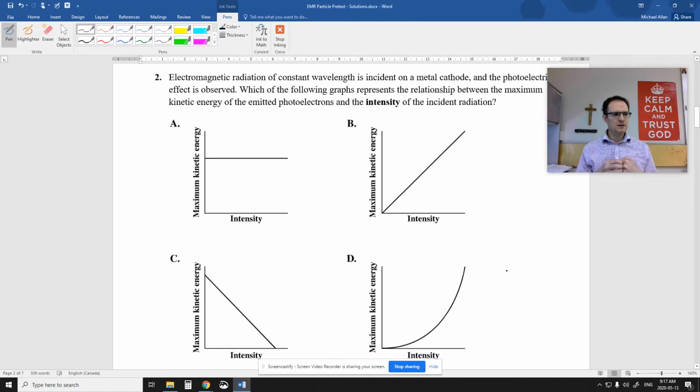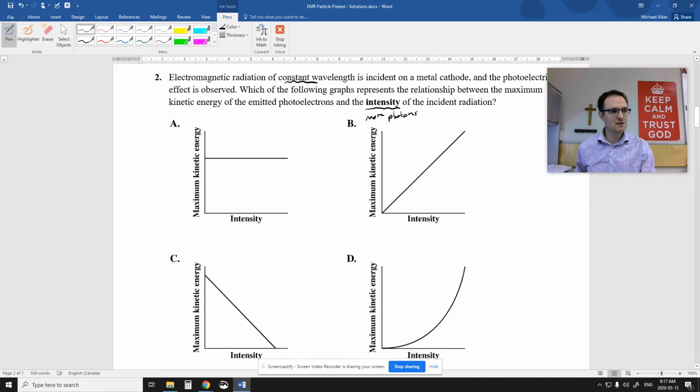Determine the following. Which of the following graphs represents the relationship between maximum kinetic energy of the photoelectron and the intensity of the incident radiation? Remember, intensity doesn't mean an increase in energy. It just means more photons. All those photons are going to have the same energy.